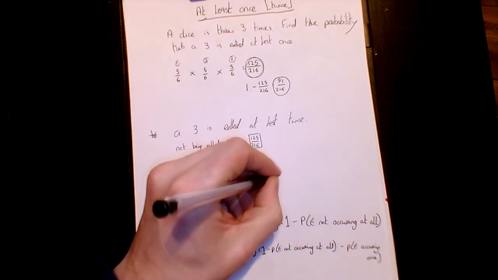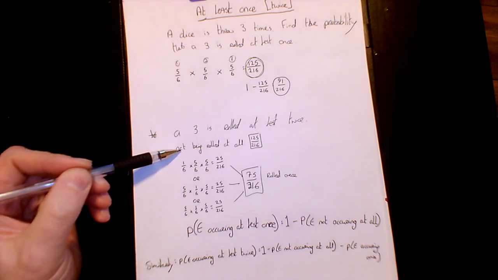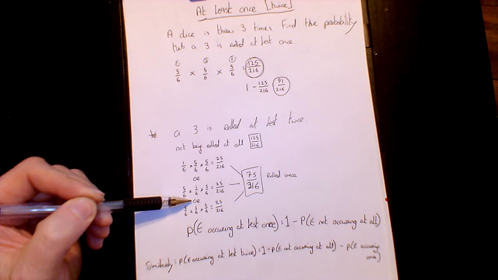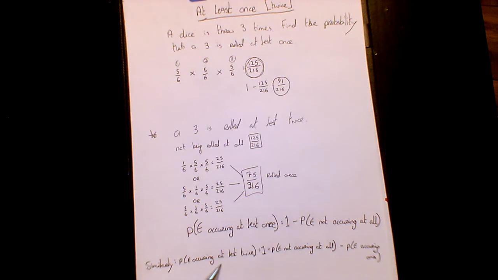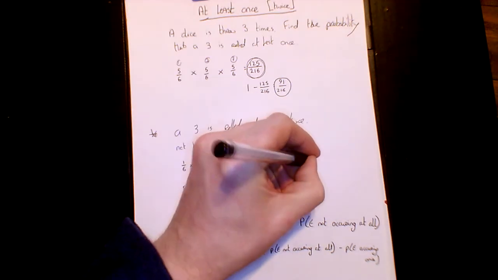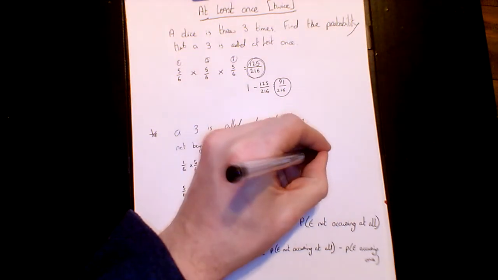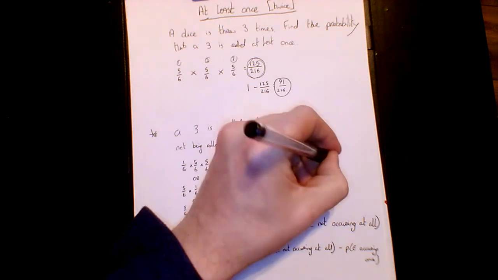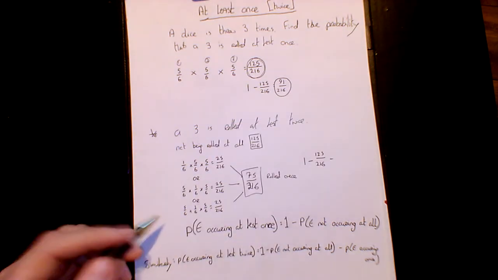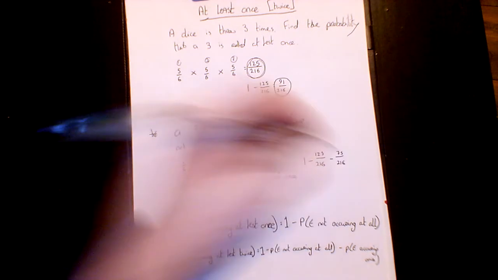And that's rolled once. So I have the probability of it not being rolled at all, and I have the probability of it being rolled once. So here we go. If we look down here, the probability of at least twice is 1 minus the probability of it not occurring at all, 125 over 216, minus the probability of it occurring once, which is 75 over 216.